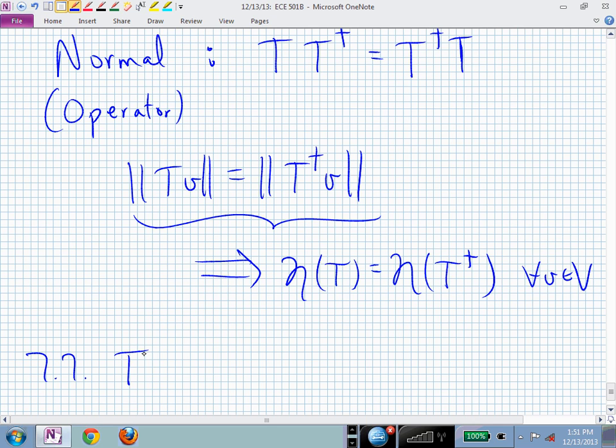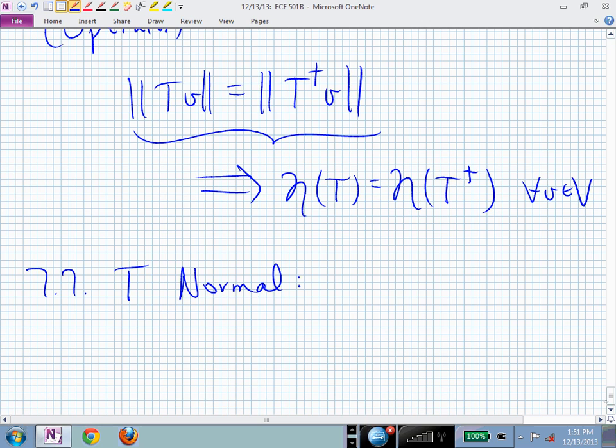Then we have, if T is normal, then we can say something about the eigenvalues and eigenvectors of the operator T and its adjoint. I don't know how to say this very succinctly, but let's say we had an eigenvector v and an eigenvalue lambda sub i.